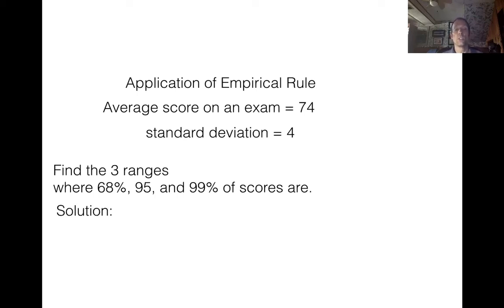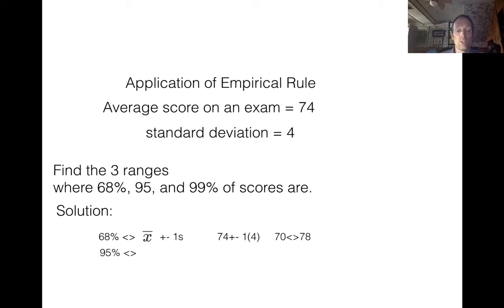Okay, so let's start to think about the solution. For 68% of our data, we're going to use the fact that 68% of the data is within 1 standard deviation of the mean. So if we fill out our numbers for average and standard deviation, we find out 68% of the students that took that test scored between a 70 and a 78.